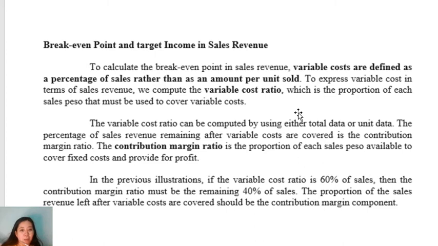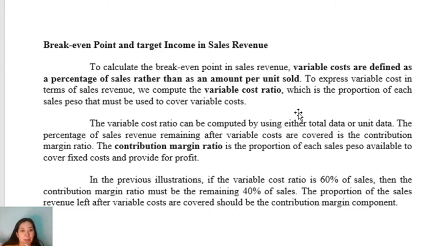So again, we will use this concept because we are referring this time to sales revenues, or in total. In the previous discussion, the requirement was for you to determine the break-even point in units. This time it is for sales revenue.